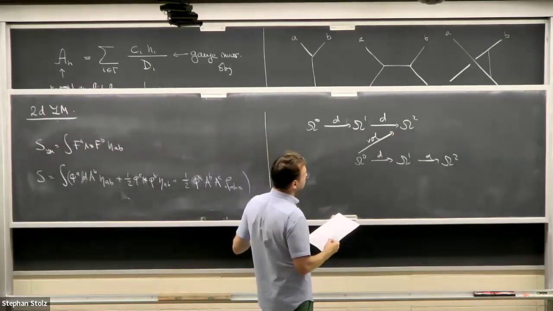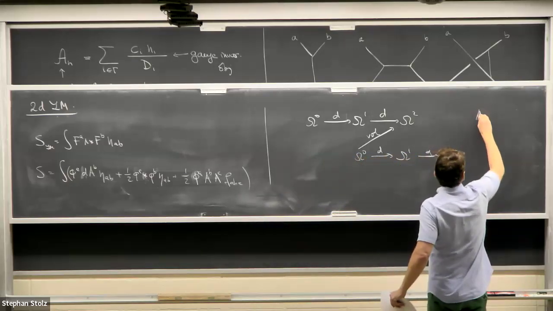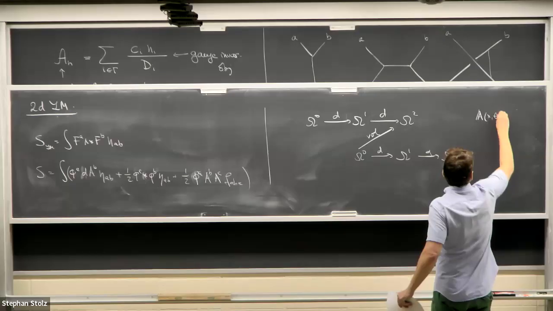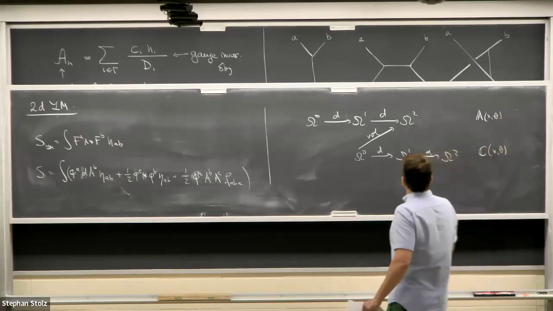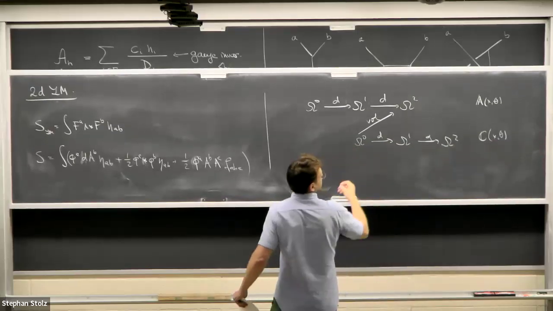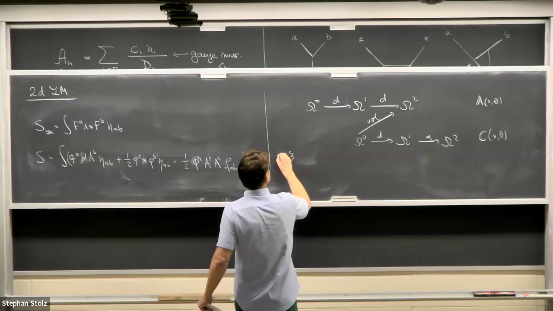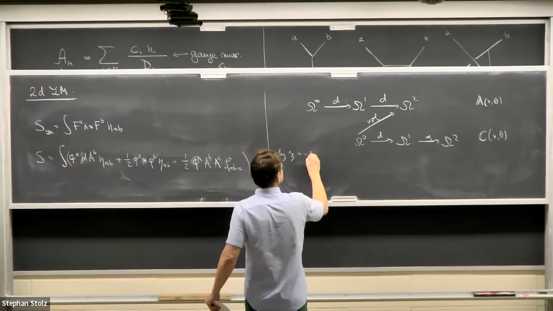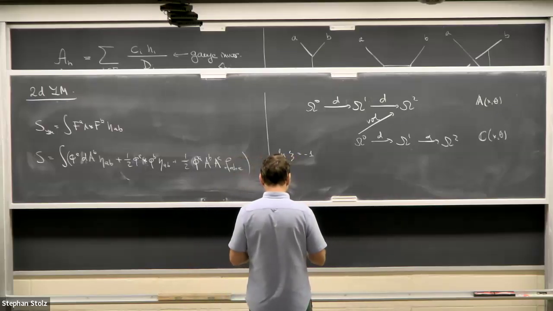Now, if you want to do something, let me write this superfield here, A of x and theta, and this superfield is a C of x and theta. What I can do is combine them into one superfield if I introduce another psi of degree -1. So I introduce a Fermi guy, then I can write the following.